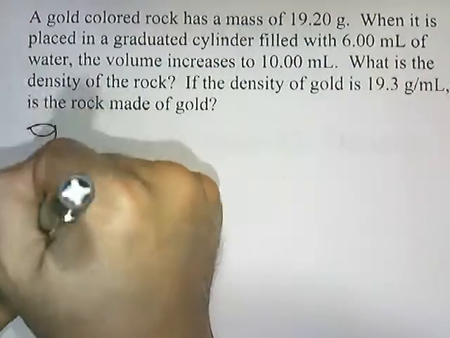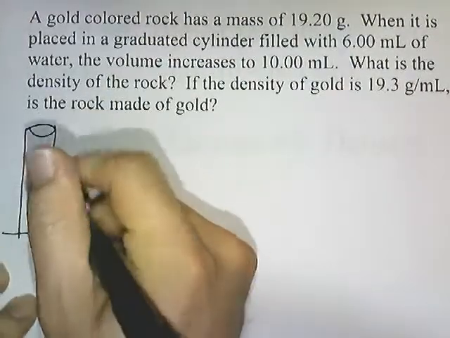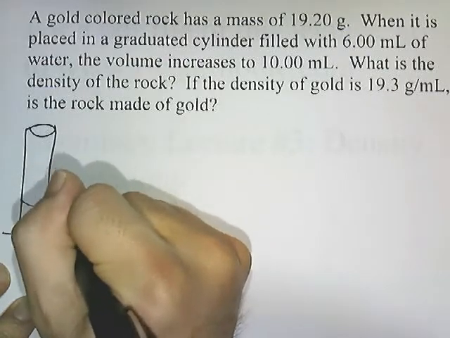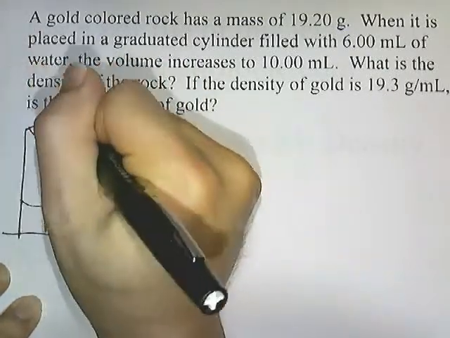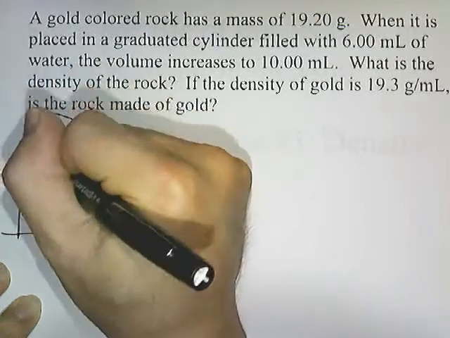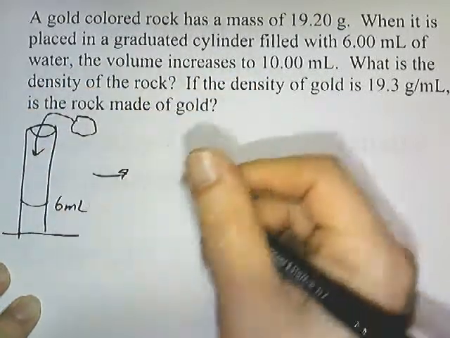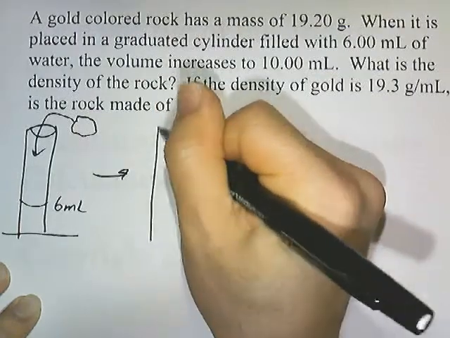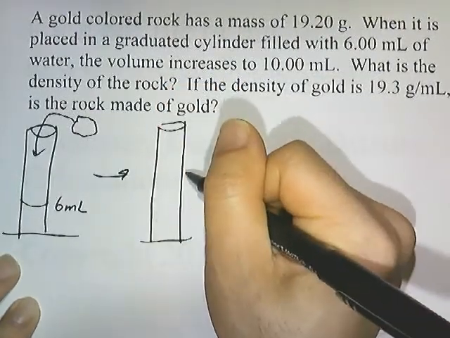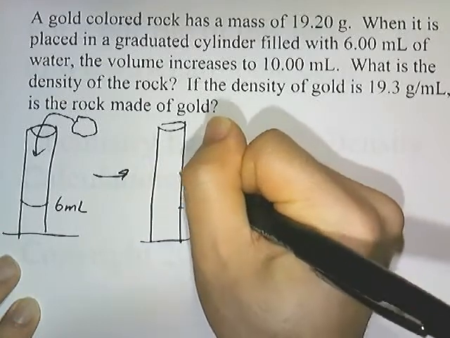Picture of what's going on here. We've got a graduated cylinder filled with 6 mils of some liquid. We're going to throw a rock inside, and then what happens is the volume increases.